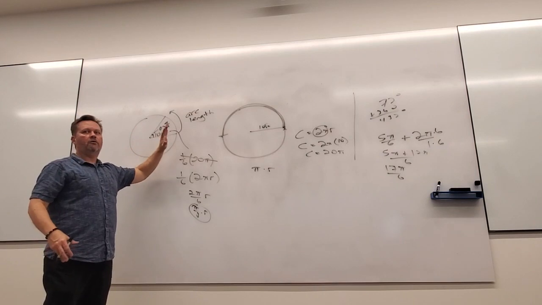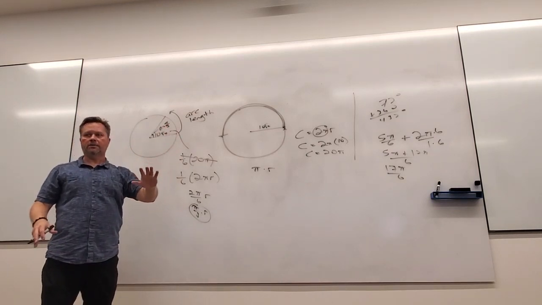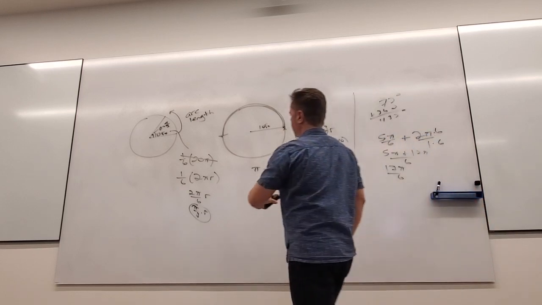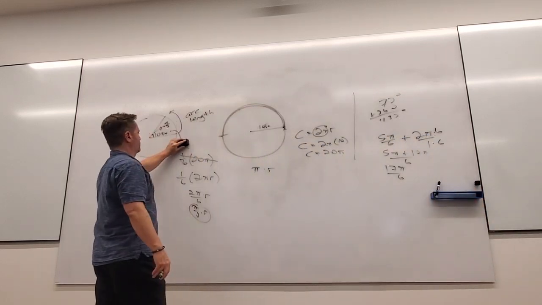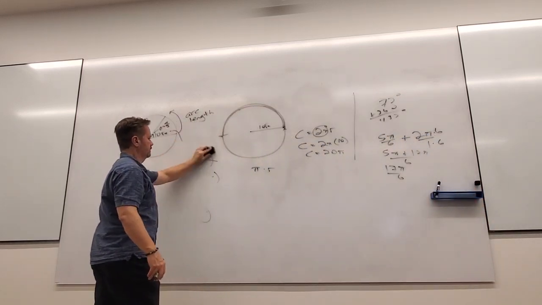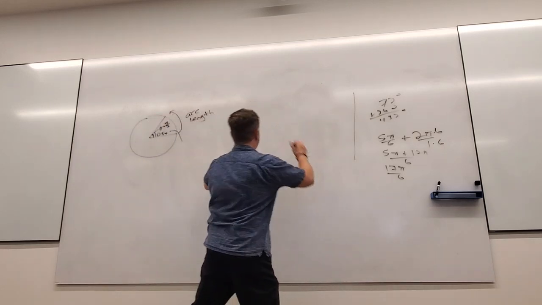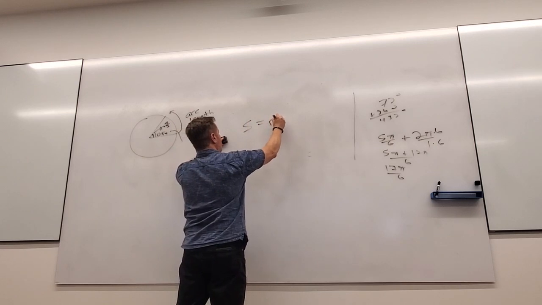The arc length formula is too kick-ass to believe. It is simply, let me write it down up here. The arc length formula is simply r times theta.